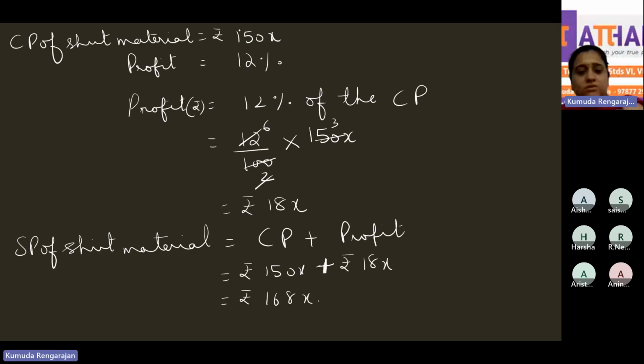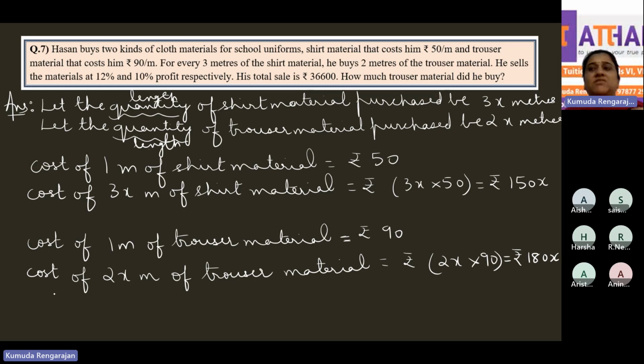Now coming to the trouser material. So what is the CP of the trouser material? How much CP means how much did he spend? Cost price is the money the merchant has spent on buying the material. So how much has the merchant spent on buying the trouser material? 180x.